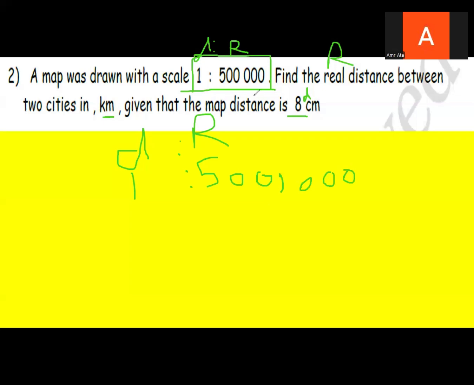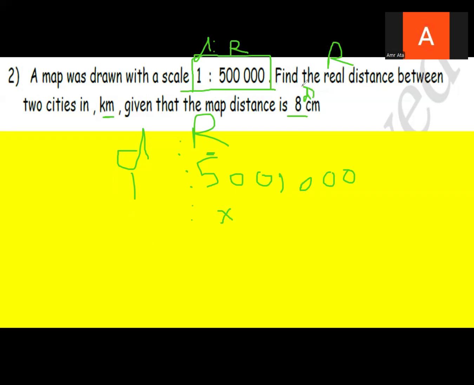It's easy. He wanted to find the real distance. So I write draw to reeling 1 to 500,000. He asked to find the real distance, so I will write X under the real distance. And he said that the map distance is 8 centimeters.